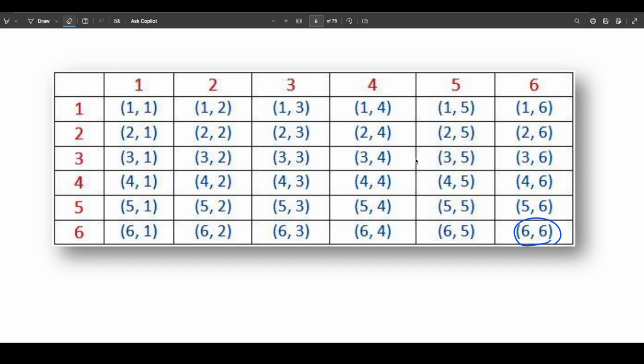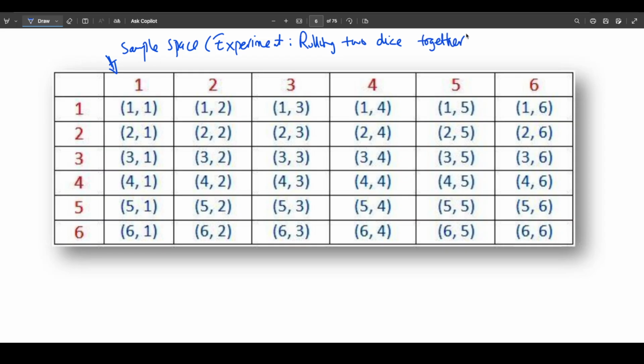So this is the sample space of this experiment. And what is your experiment? Rolling two dice together, or one after another. The thing is that we just look at the result of them.